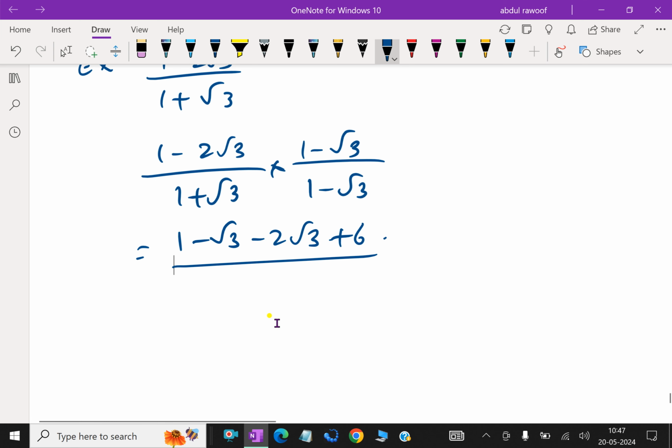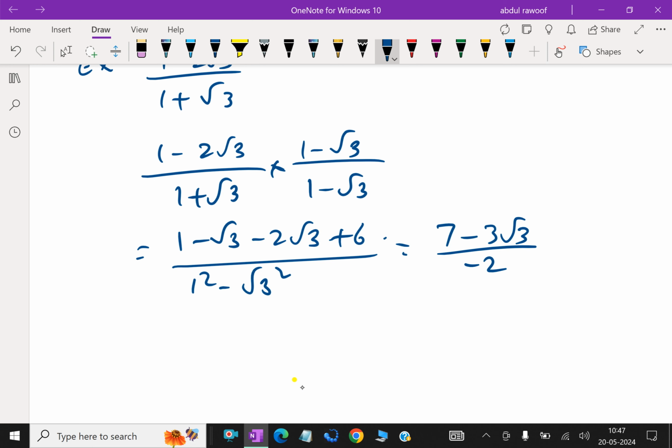Over 1 square minus root 3 square. So 1 plus 6 is 7, and minus root 3 minus 2 root 3 is minus 3 root 3, over 1 square is 1 minus 3 square root is 3, 1 minus 3 is minus 2.